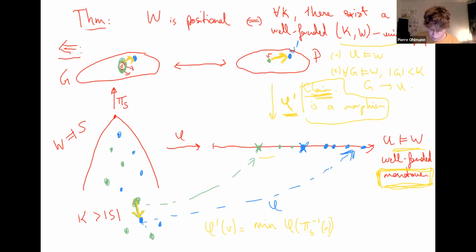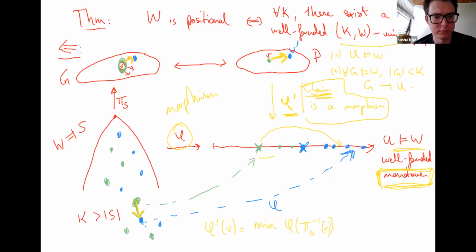And what I know is that phi is a morphism. So phi being a morphism tells me that there is this edge here. And now, since my graph is monotone, this tells me that there is also this edge here.